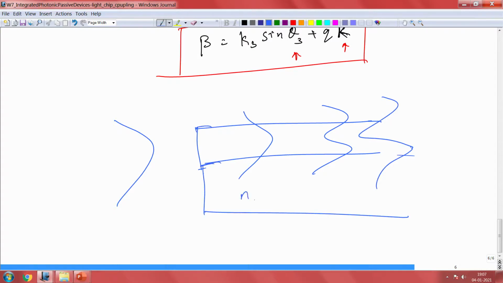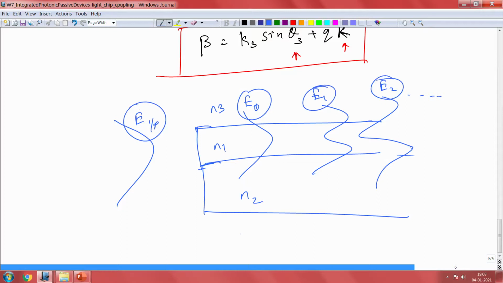Let us say this is N2, this is N1 and this is N3. When you are doing this particular illumination, it is just an overlap integral between your E input and then E0, E1, E2 and so on. You need to look at what is the overlap that you have between these individual components, and based on that your energy will be distributed.